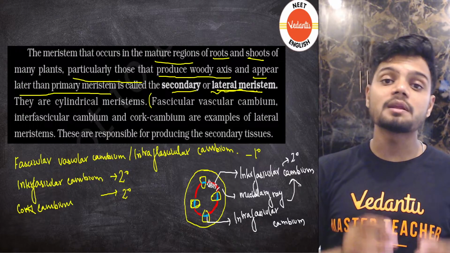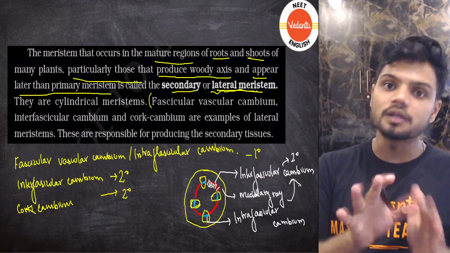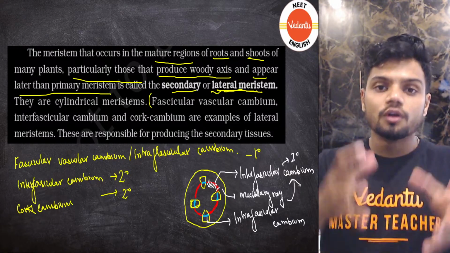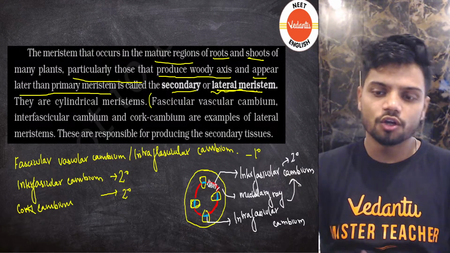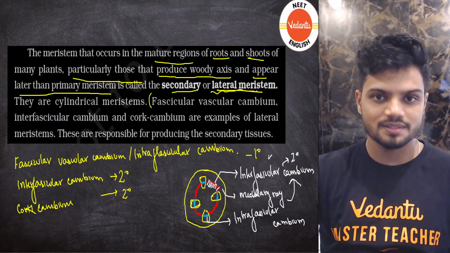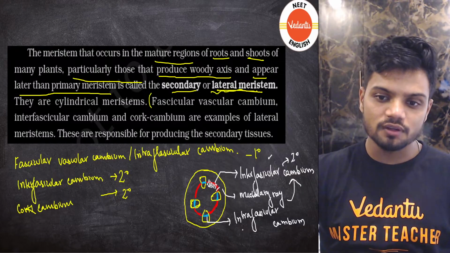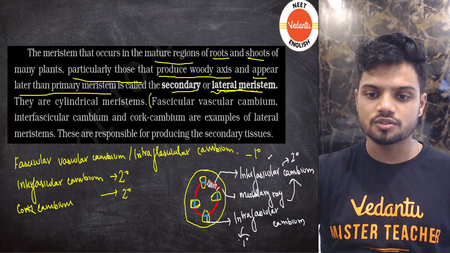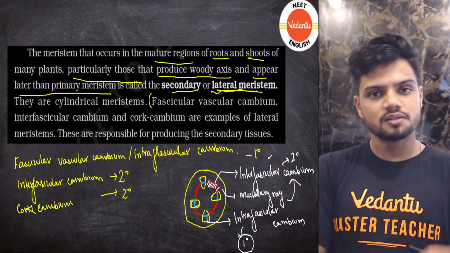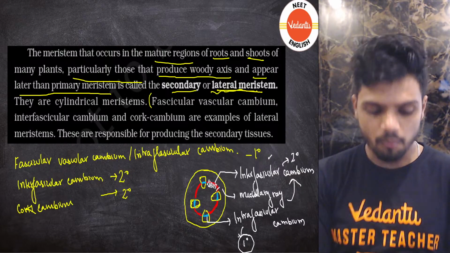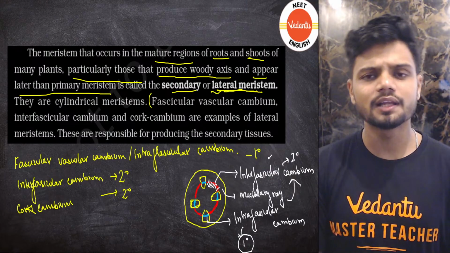Medullary ray was a primary permanent tissue, which regained the ability to divide. It underwent dedifferentiation to produce interfascicular cambium, secondary in origin. While the intrafascicular cambium is primary in origin. Nothing was there before. It did not undergo dedifferentiation, just differentiation. The difference should be clear to all of you.